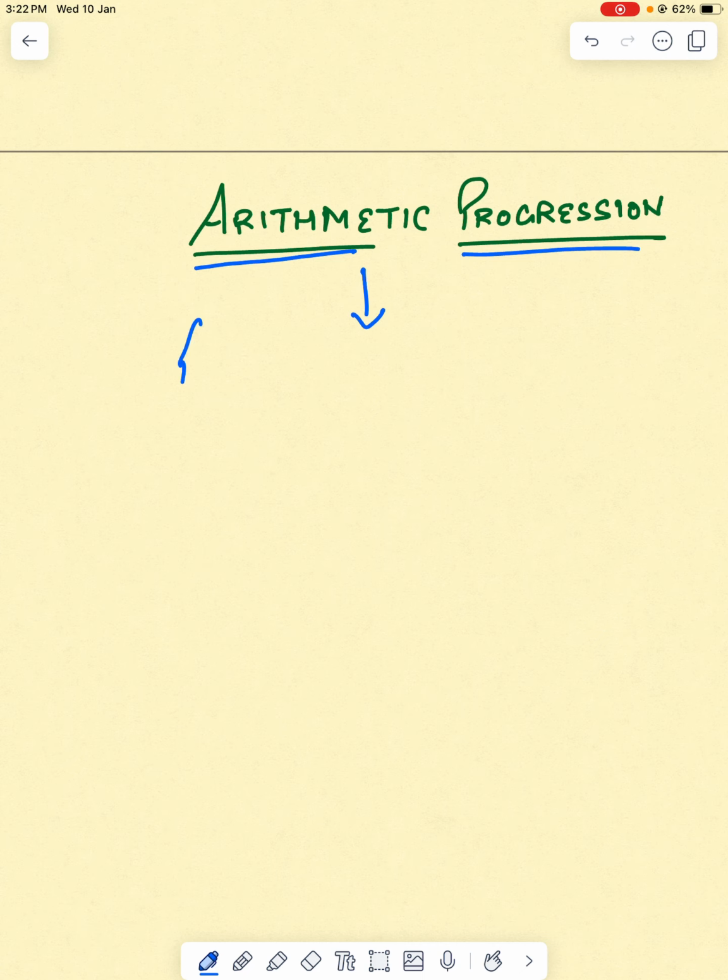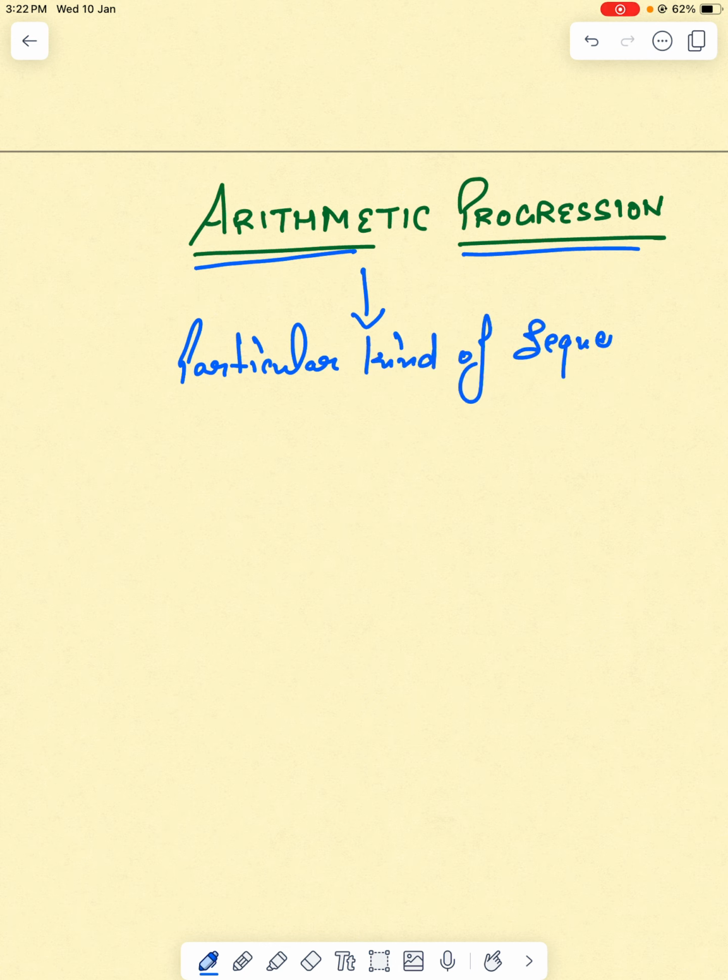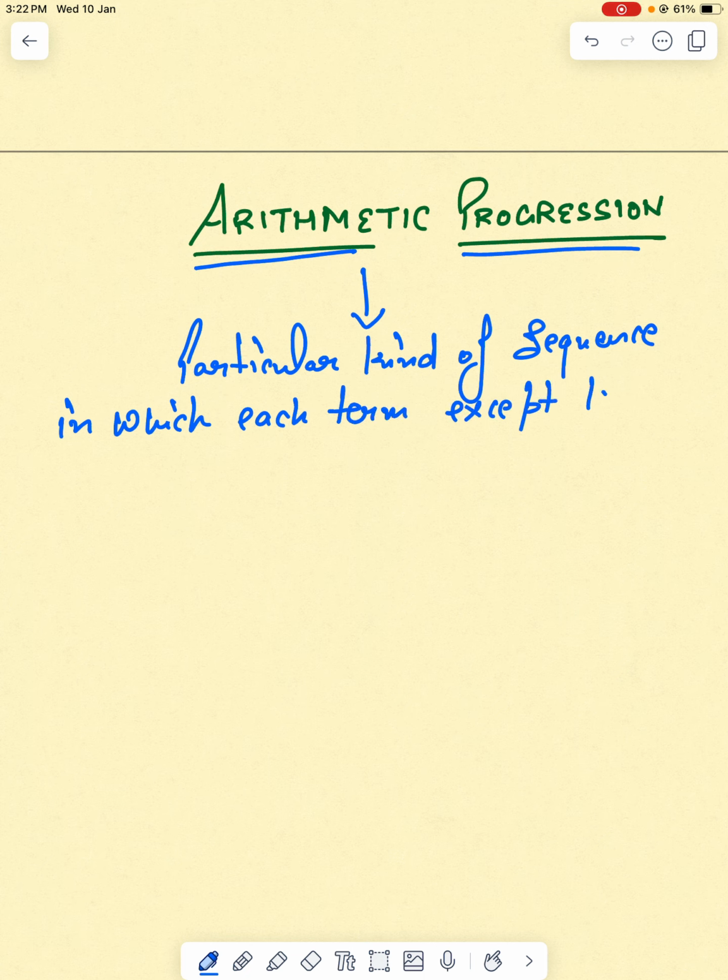This is a particular kind of sequence in which each term, excepting your first term, progresses in a definite manner.